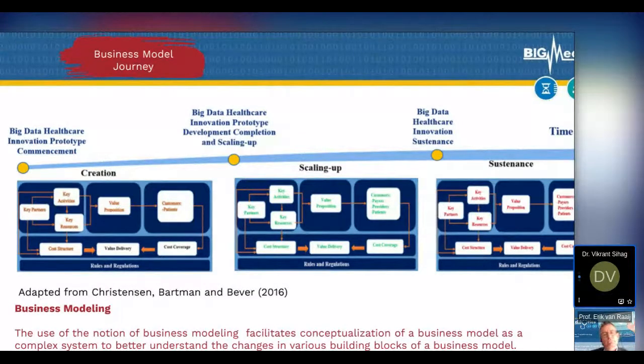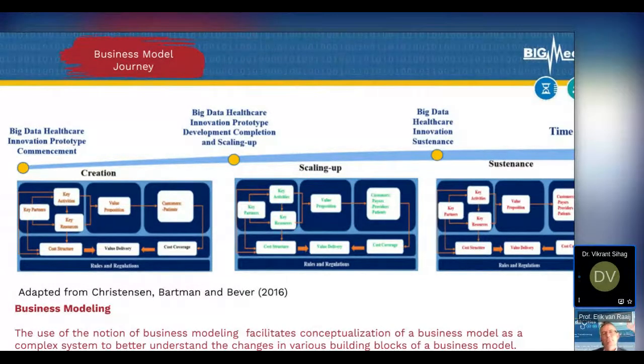To give you an example, in the creation phase, there could be certain key partners that could be involved in development of the prototype, whereas in the scaling up phase, some of these key partners, such as payers or providers, could become customers, because they also derive value from the prototype or the innovation that is being developed.